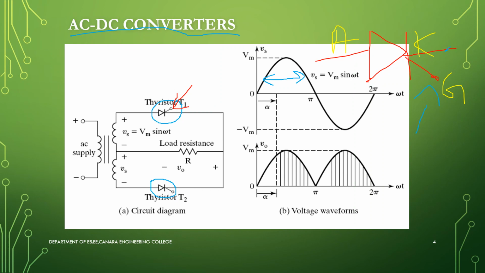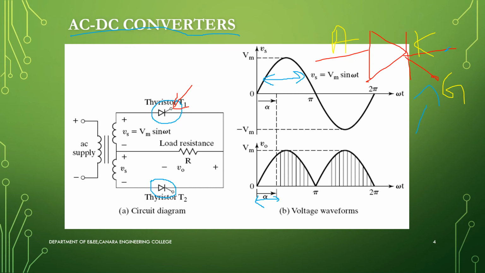Even though rectification is happening here, you call it controlled rectification because you apply the gate signal, only then it is going to conduct. So you can observe in the output waveform over here, they have mentioned an angle called alpha. This alpha is called the firing angle.